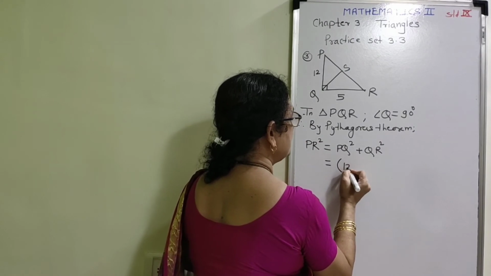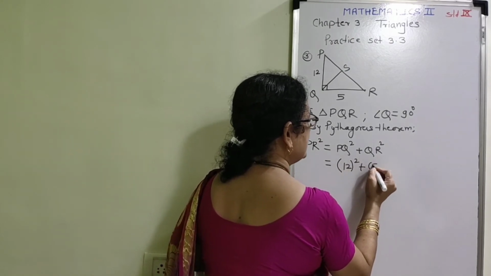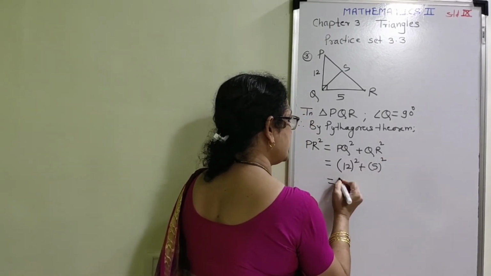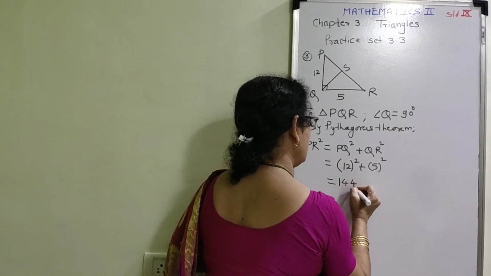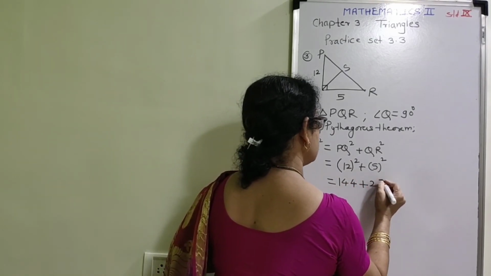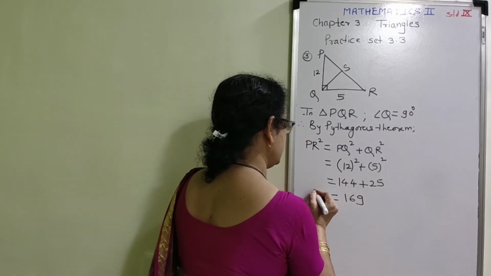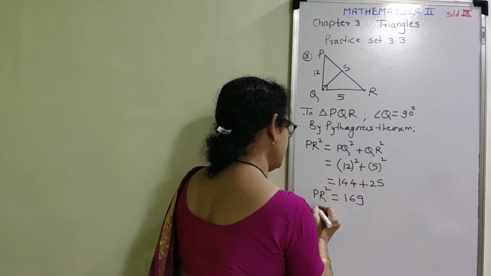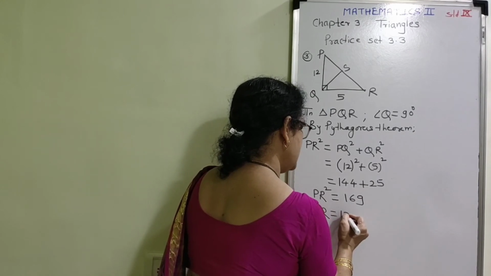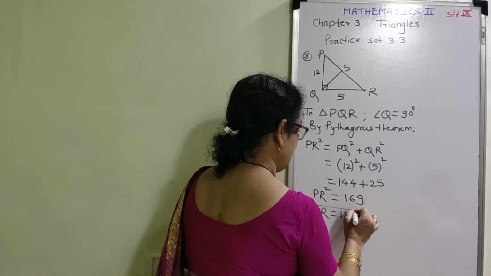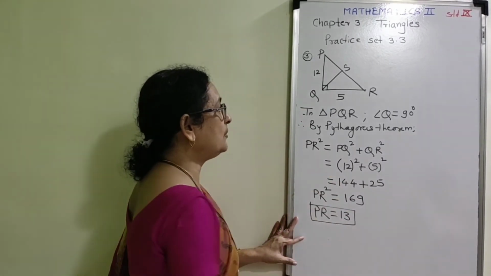Substitute the values, that is 12 square plus 5 square. 12 square is 144 as well as 5 square is 25, and the addition is equal to 169. Taking square roots, we get the length of PR is equal to 13. Now we have the length of PR.